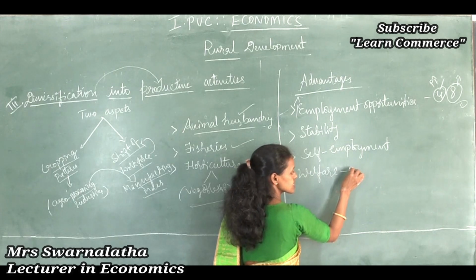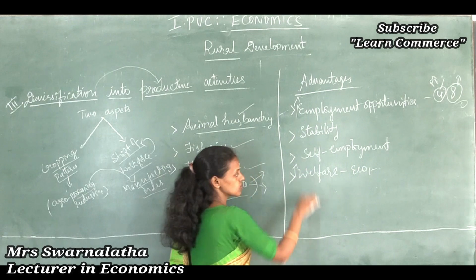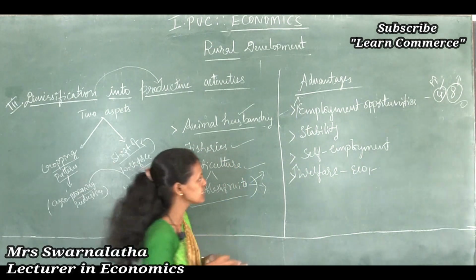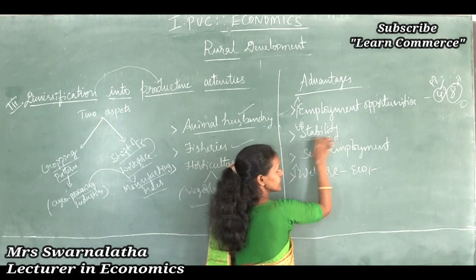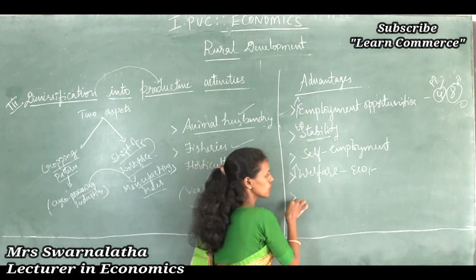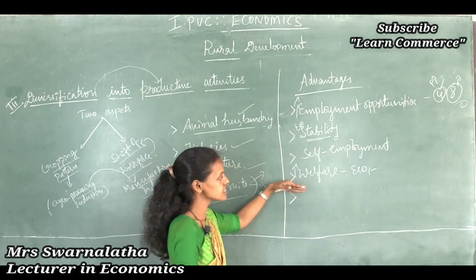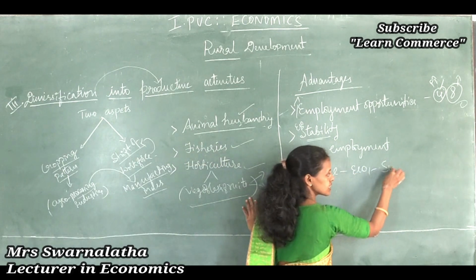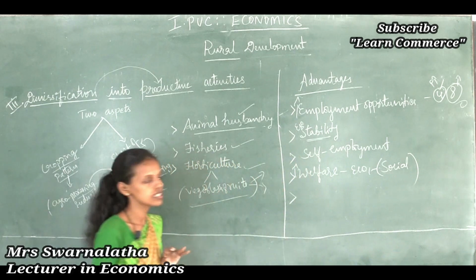Welfare in the sense of economic welfare of the people increased. It is because of the diversification of product from agriculture to agricultural allied activities. Economic stability of the country increased. Overall income increased. Self-employment rate increased. Economic welfare and social welfare together increased.